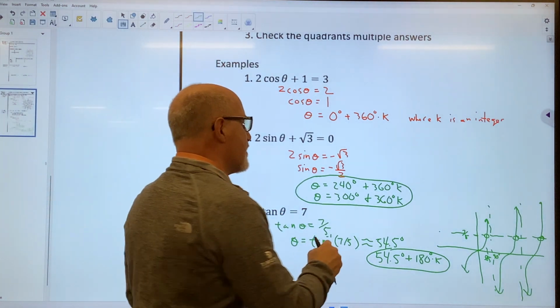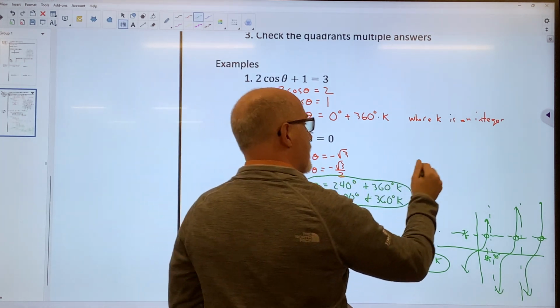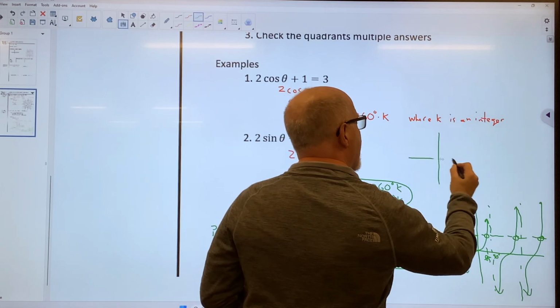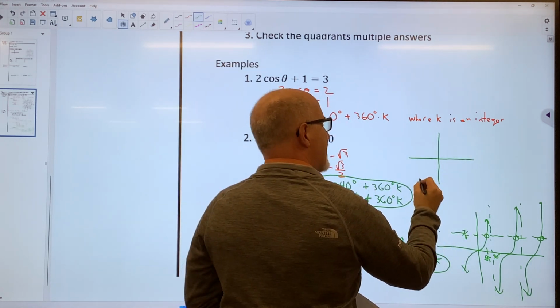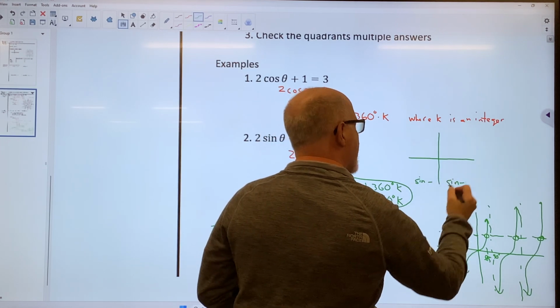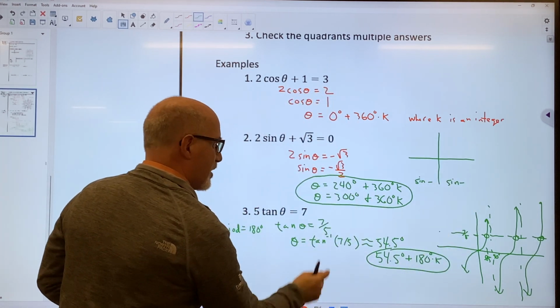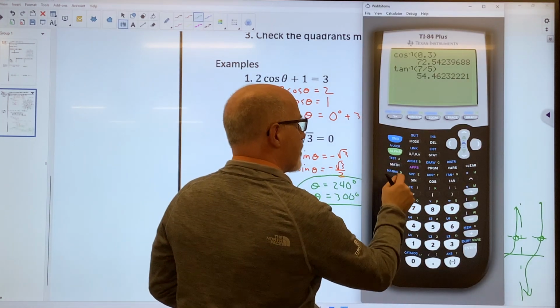Last thing I want to add on to it is if you are using a calculator and you're going to get these, you've got to know, for instance, on this one, that sine is negative in these two quadrants. And so when I do it on my calculator, let's go ahead and do the inverse sine of this negative square root of 3 over 2.